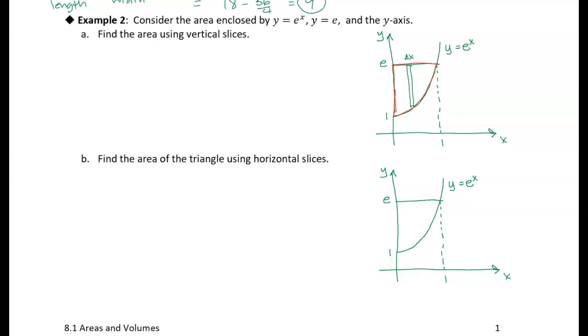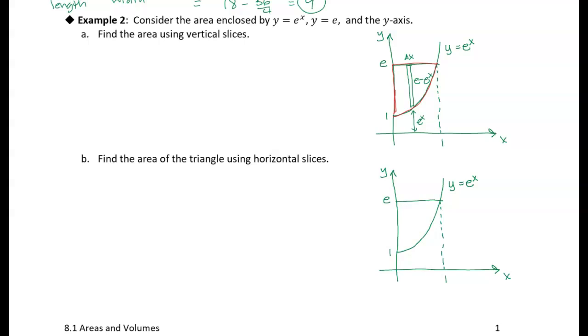So what we want is actually e minus e to the x. We're taking the distance all the way up to e, but then subtracting away this distance here, which is e to the x. And what's left over is the height of one of the slices within the area that we're interested in.